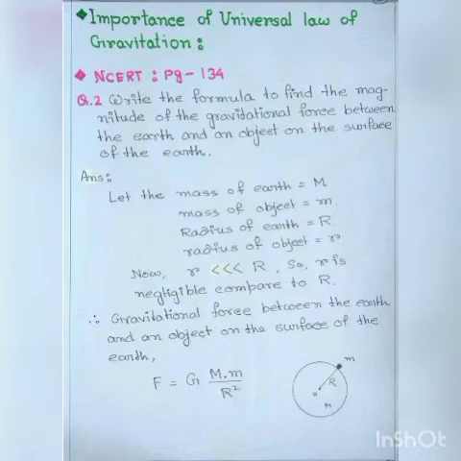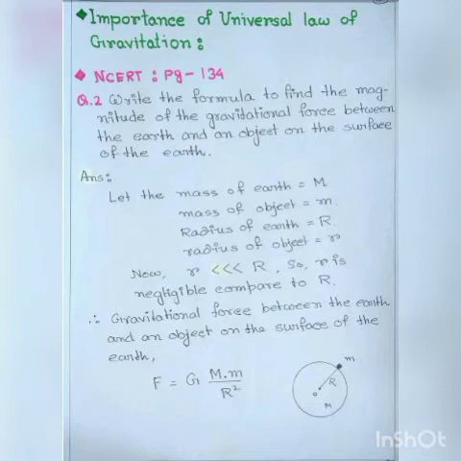Next point, tides in oceans are formed due to the gravitational force between the moon and the water in oceans. Number 3, since the gravitational force of planets like Mercury and Venus is very small, these planets do not have any satellite or moon.